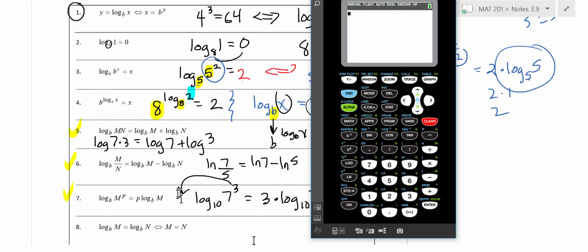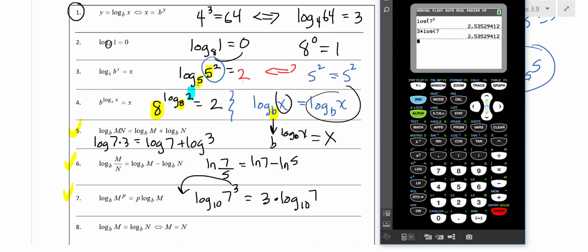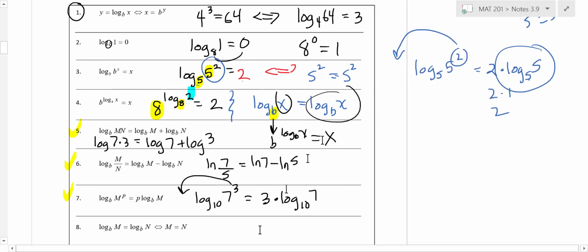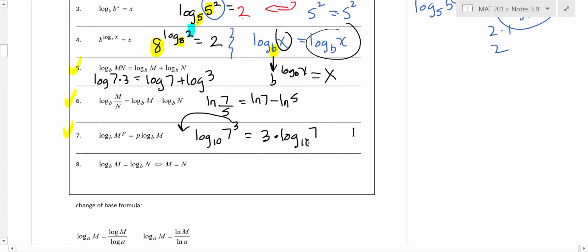You could go log of 7 to the third, like that. That would give you that answer. Well, if I did 3 times the log of 7, then that should give me the same answer. Okay, and it does. All right, you guys remember that? Okay, so that's the idea. You do that a lot when you're working with exponents and solving types of equations.